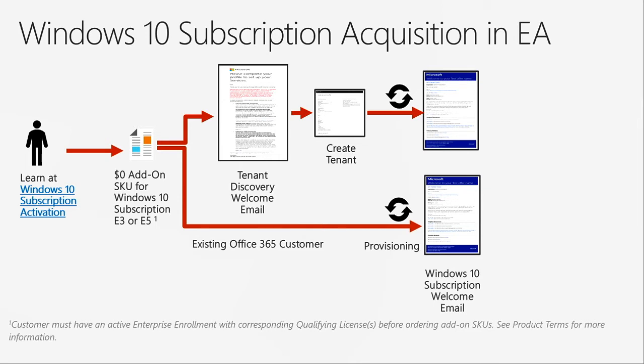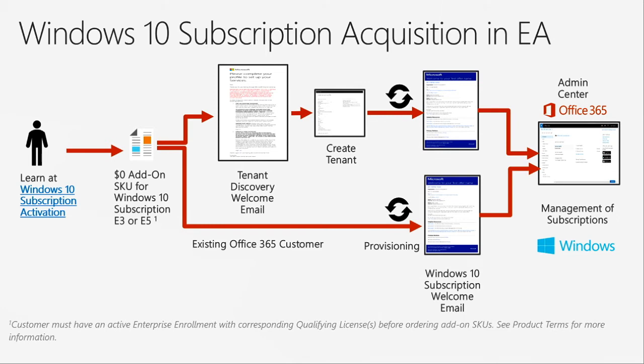Once these services are provisioned, you can then go into the Office 365 Admin Center and manage both your Windows subscriptions and Office subscriptions. There are alternate ways as well. If you are more familiar with the Azure portal, you can manage your Windows subscriptions and Office subscriptions on the Azure portal as well.